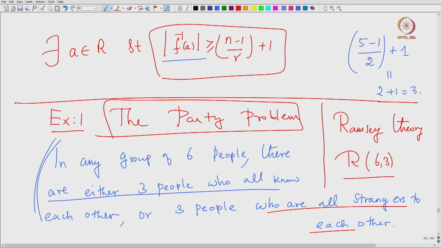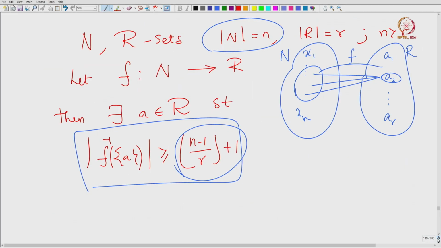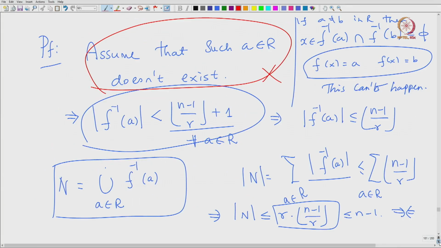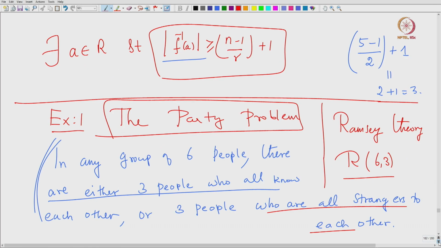Okay. So, like I said, the pigeonhole principle, even though it sounds like a very simple statement, can actually prove some very strong statements in mathematics. For example, this statement, which is part of the starting point of Ramsey theory, is very powerful.